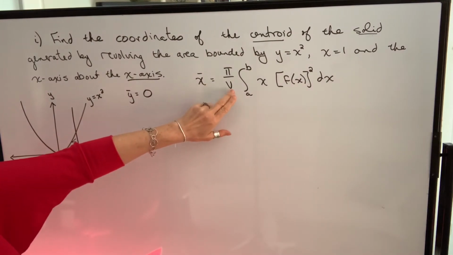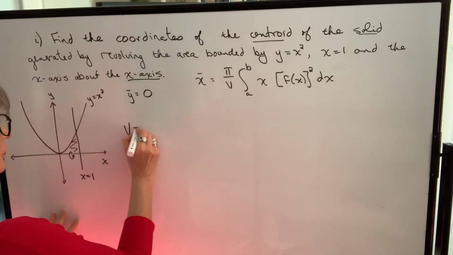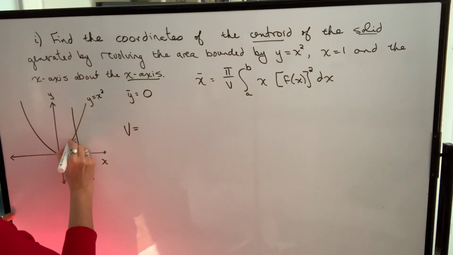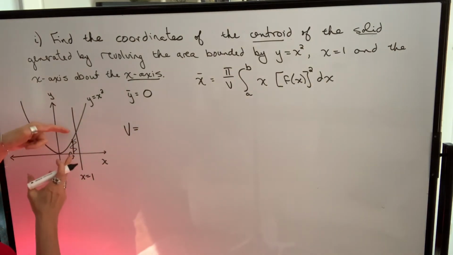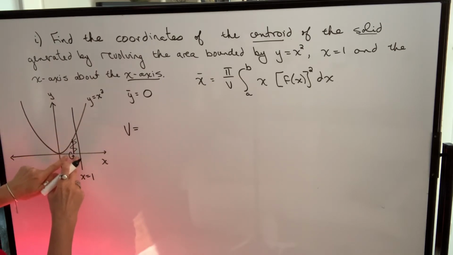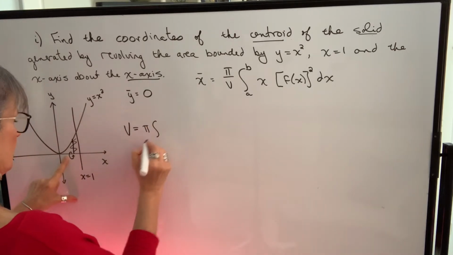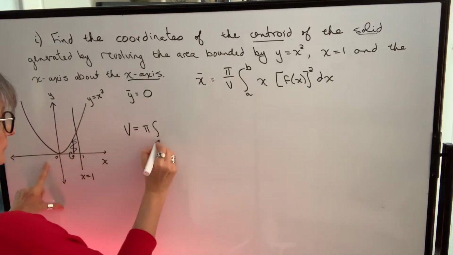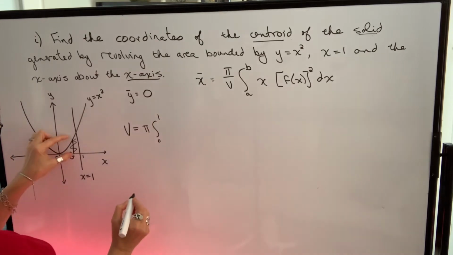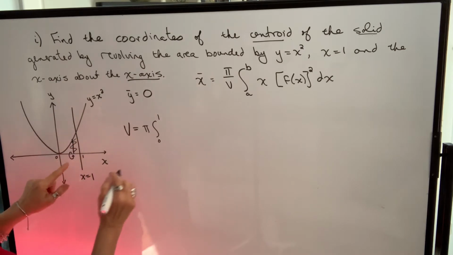Now, in order to find the centroid, I need to find volume, so I'm going to start there. I'm going to find the volume of this, and I'm going to be using vertical rectangles. It's rotating about the axes, and it's bounded about that axis, so I'm going to use a disk method. So my volume is going to be pi, the integral from 0 to 1 of the radius squared. This is the radius of that cylinder or that disc that's formed.